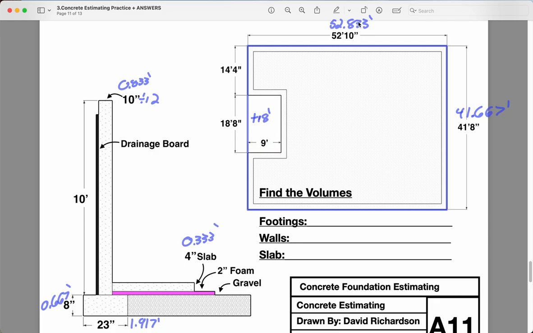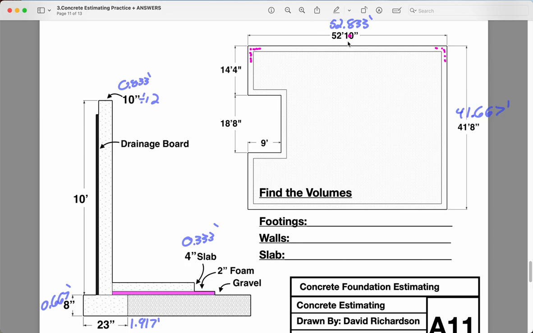So as normal, we want to get our center line perimeter. Imagine we drew a dotted line at the center here. One wall thickness is 10 inches. We're going to take off 5 inches on that side and 5 inches on that side, for a total of 10 inches. Makes our life easy.